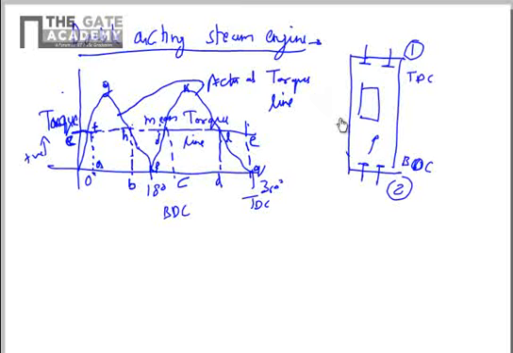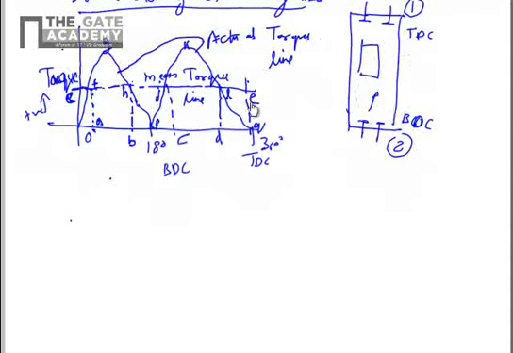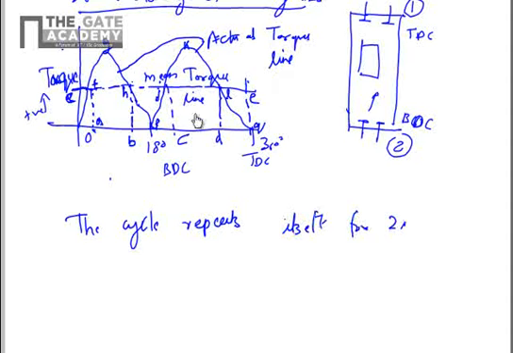As you can see here, the cycle repeats itself for 2 pi or 360 degrees of crank rotation. That's why we have considered a single cycle here.